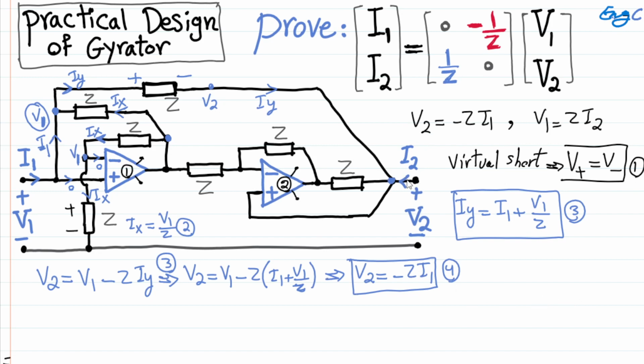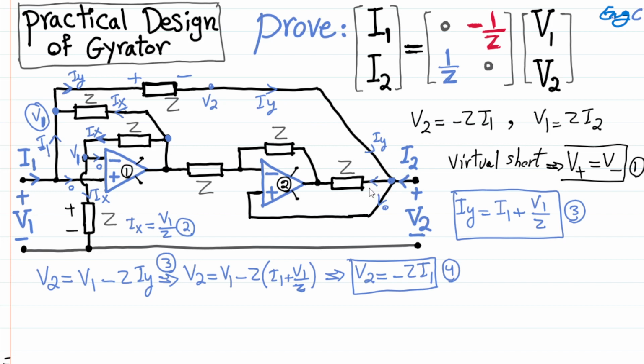Okay, for the other one, let's see what we have. This current I2 comes in. It cannot go this way because it will hit the input terminal of the ideal op-amp, which has infinite impedance, so it cannot go that way. On the other side, Iy comes in. So the sum of Iy and I2 goes here.